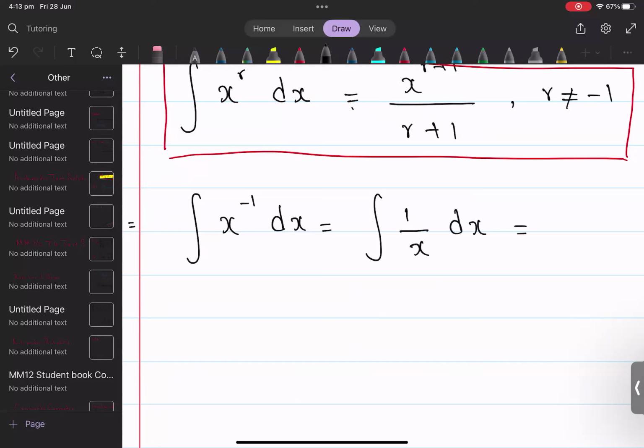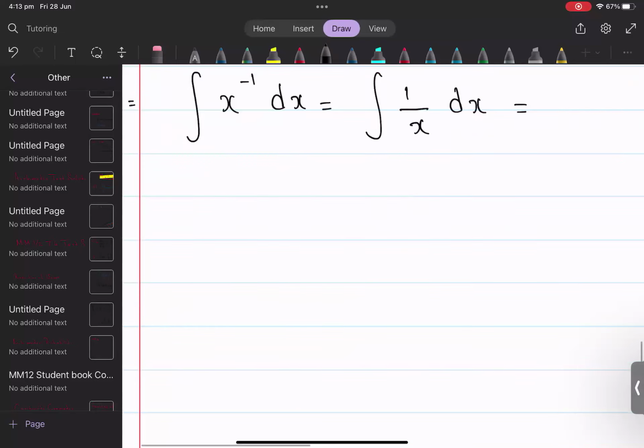If you remember back to your rules for differentiation, i.e. taking the derivative, you may remember that the derivative of some function was equal to 1 over x. Have a think about what that function was.